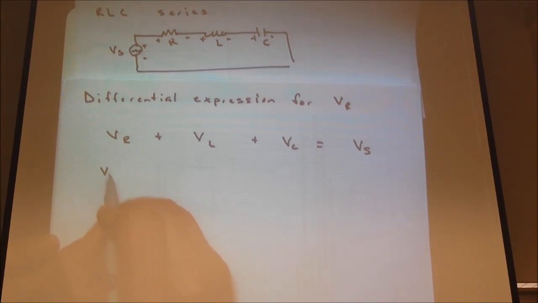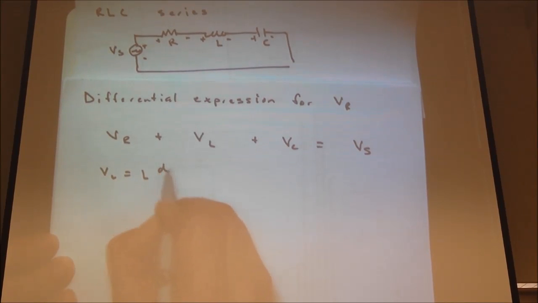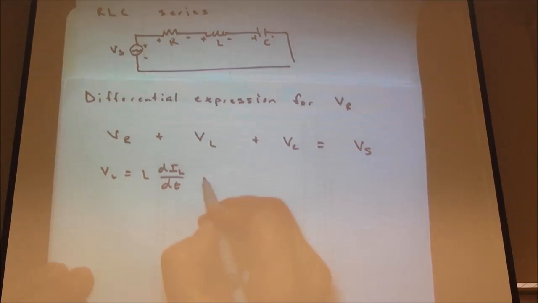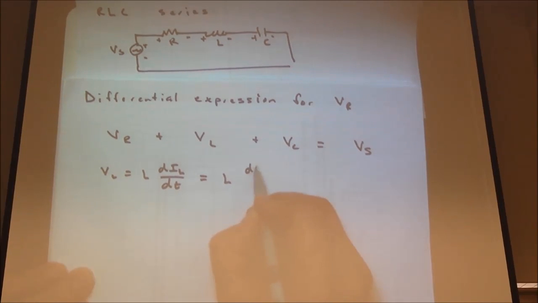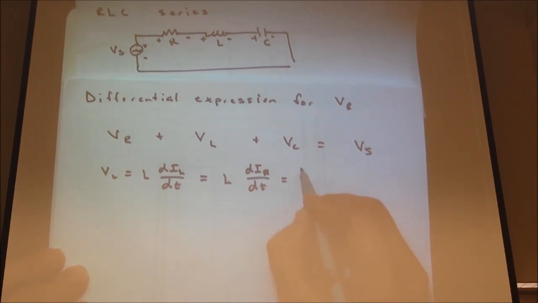And again, we can use some of our tools. So we know VL again as L dI/dt, but now we're interested in the resistor values, but it's still a series circuit, so this is L dIR/dt. And again, Ohm's law is still our friend. IR is VR over R. So lo and behold, we can rewrite this as L over R dVR/dt.